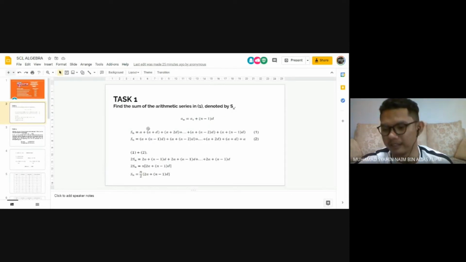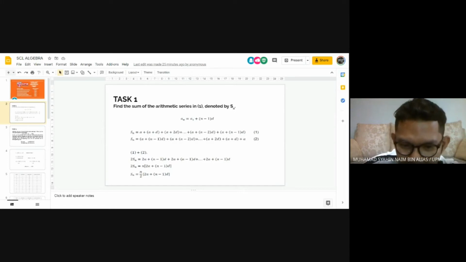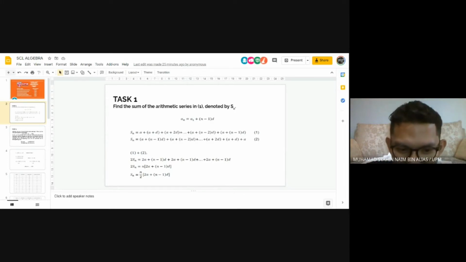Firstly, we need to expand the series, which is Sn equal to a plus d plus a plus 2d plus a plus (n minus 2)d plus a plus (n minus 1)d.